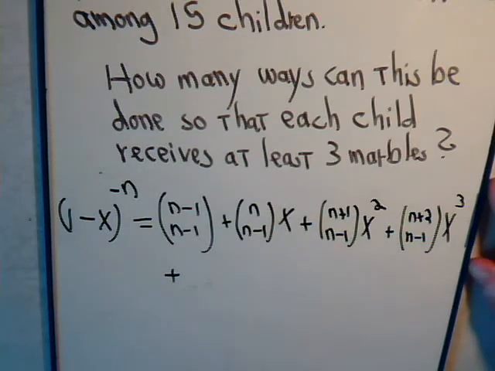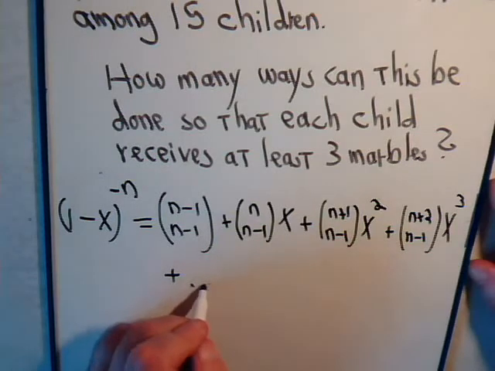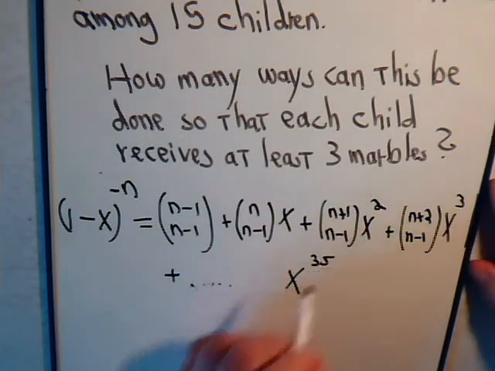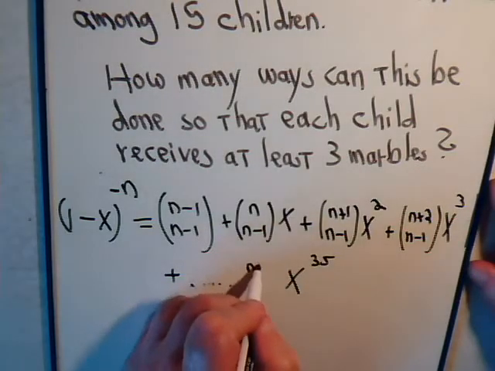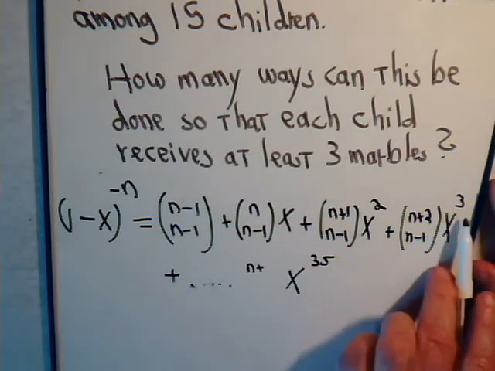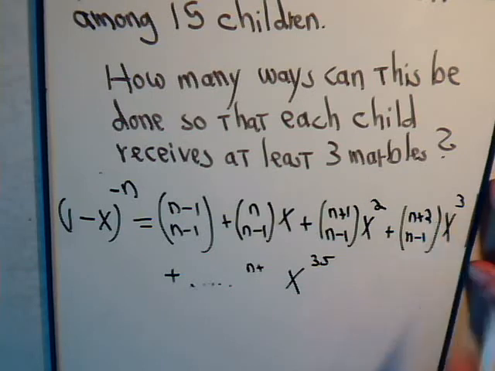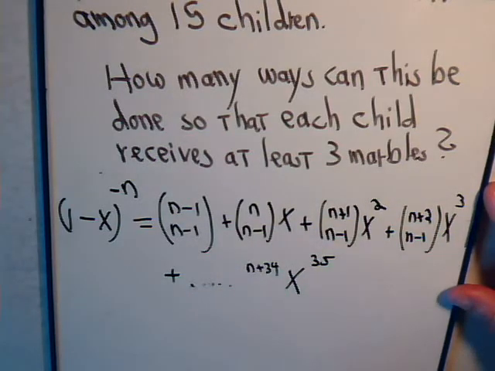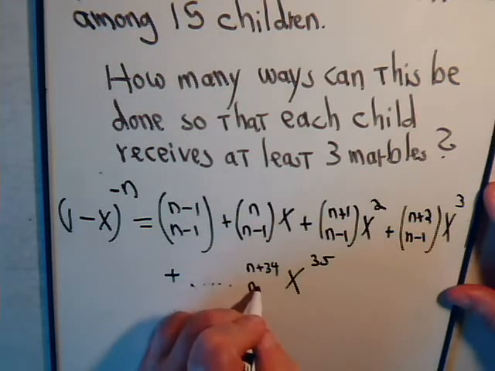But what we're interested in is the coefficient of x to the 35th. That is n plus, this number is 1 less than this number, so that would be 34, over n minus 1.